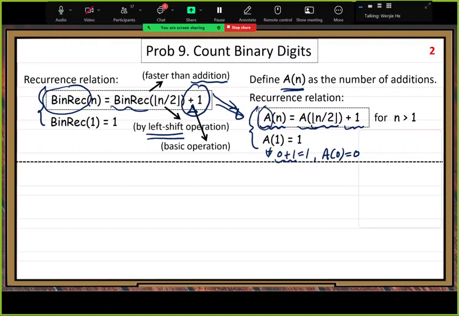So now we only need to derive the math formula for capital A of n, because that's the same formula as the first recursive function.